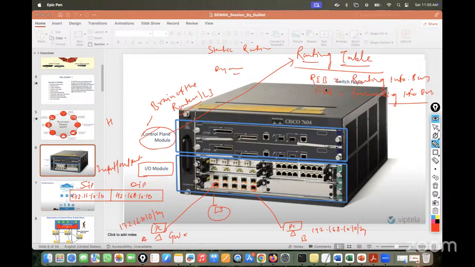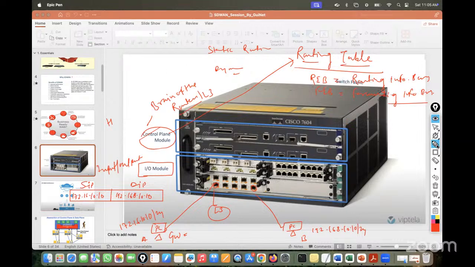So see, RIB, as many of you mentioned, is the routing information base, and FIB is the forwarding information base. But if someone gives a real-time example, you can quickly make them understand what RIB means and what FIB means.